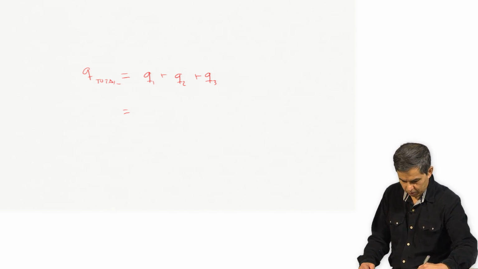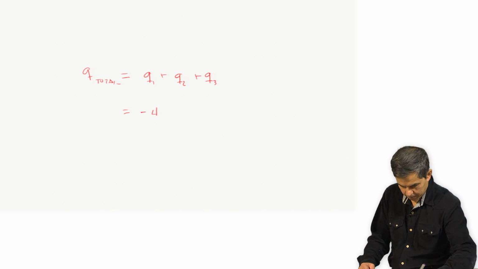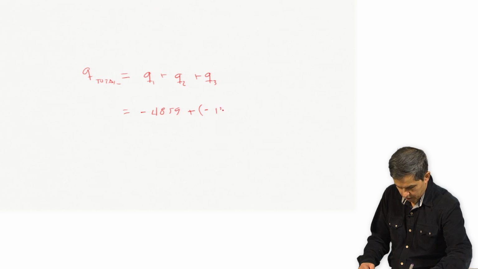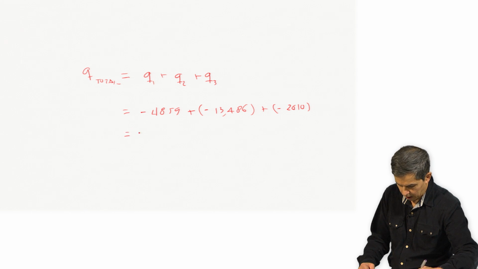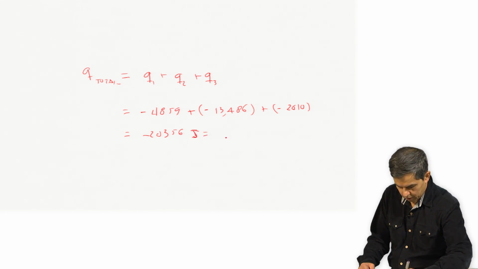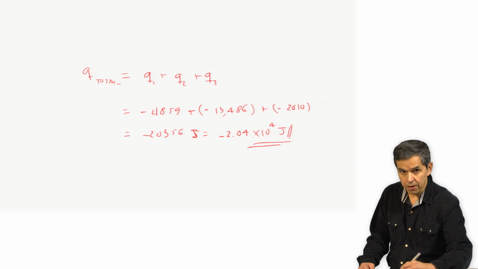If we replace the values that we had from above, minus 4,859 plus minus 13,486 plus minus 2010 is going to give us minus 20,356 joules, which is equal to 2.04 times 10 to the 4th joules. And this is the answer of this problem.